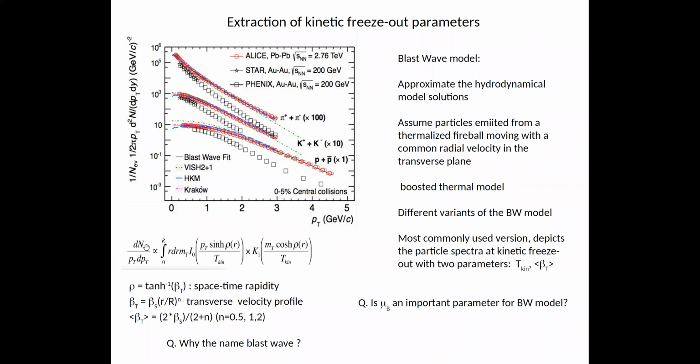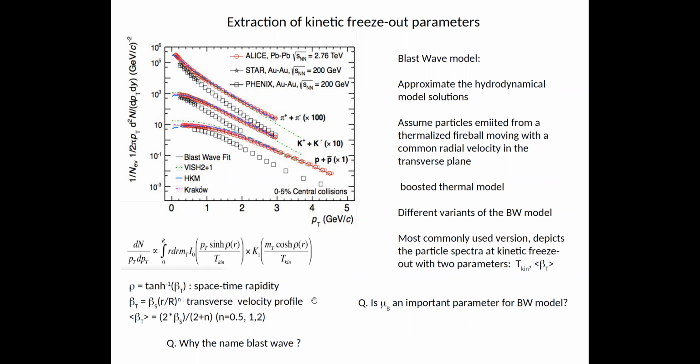You can see the pT spectra, dN by pT dpT, which is the same as dN by mT dmT. It can be written as the integration from 0 to R of dr mT. Then I0 and K1 are the Bessel functions. And this rho is known as the space-time rapidity, and it is related to your radial velocity in the transverse plane, beta t, as rho equals tanh inverse of beta t.